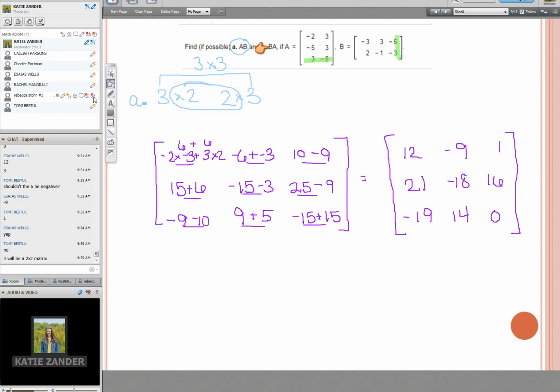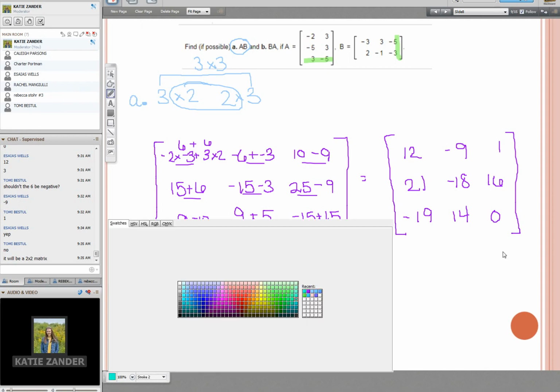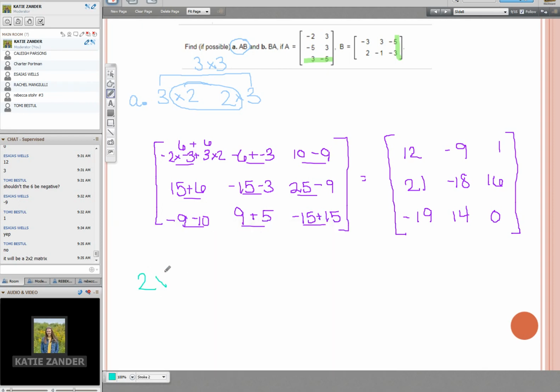If I switched around those matrices, now we're taking a look at a 2 by 3 and a 3 by 2, which means your end result is a 2 by 2 matrix. So you are not going to get the same result by just switching them around. Order does matter in which we're multiplying here.